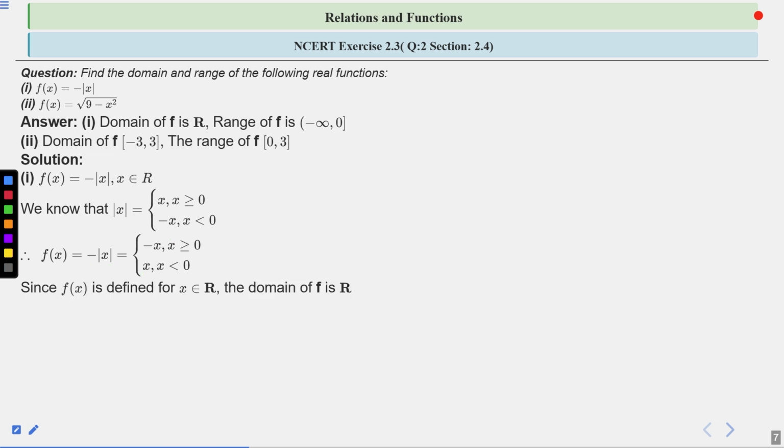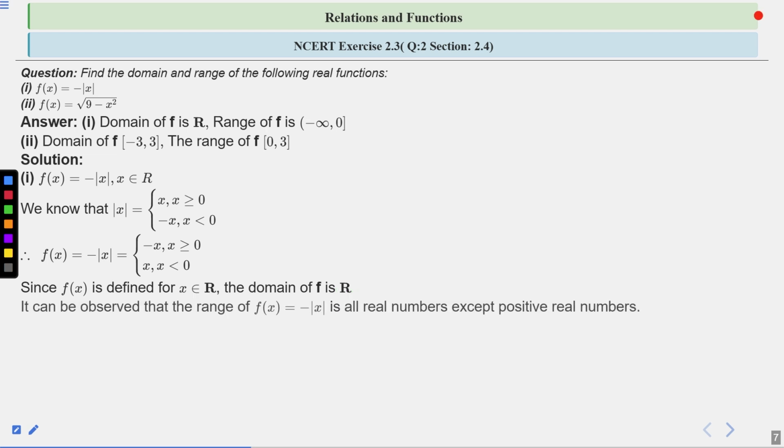So since f(x) is defined for every real number, the domain is all real numbers, meaning minus infinity to infinity, the open interval. Or you can also write this as R, which shows that the domain is the whole set of reals. Clear?